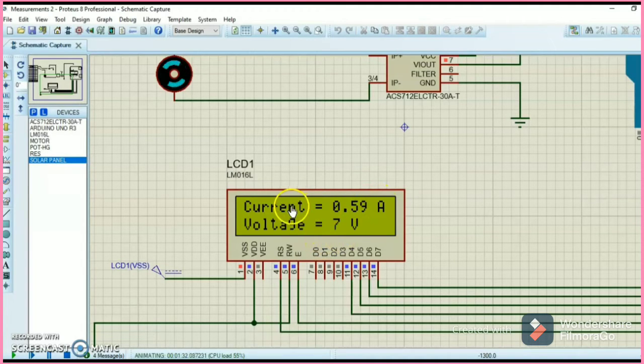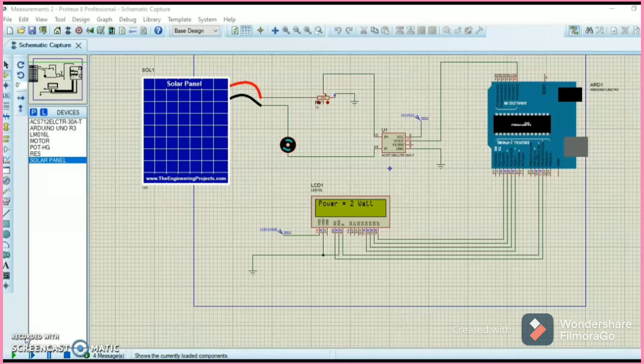The previous one is 0.81 ampere. The voltage is 7 volt and the power is 2 watt. This shows that the amount of solar energy absorbed in simulation depends on the changes value in potentiometer. That's all for the methodology and the simulation part.